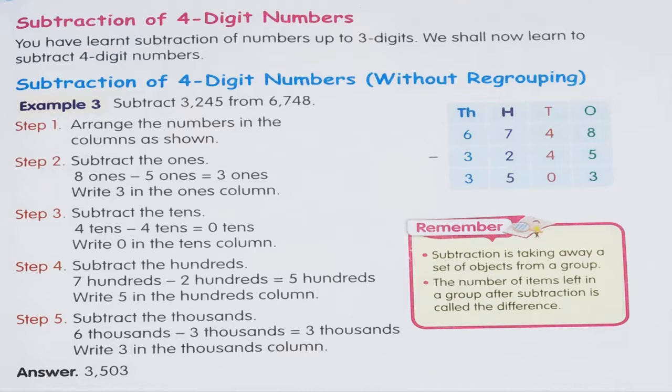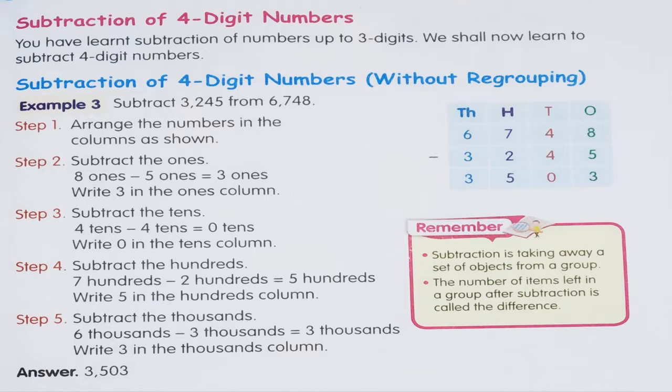Step 1. Arrange the numbers in the columns as shown. सबसे पहले नंबर्स को जिस तरह से कॉलम में बताया हुआ है उस तरह से हम अरेंज करेंगे. वंस के नीचे वंस, टेंस के नीचे टेंस, हंड्रेड के नीचे हंड्रेड और थाउजेंड के नीचे थाउजेंड. स्टेप 2. सब्ट्रैक्ट द वंस. 8 ones minus 5 ones equal to 3 ones.